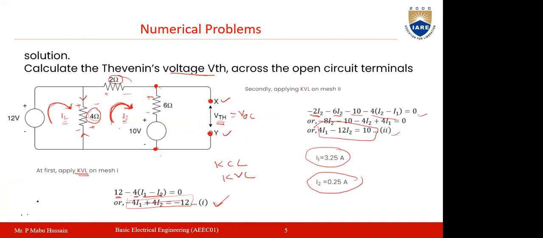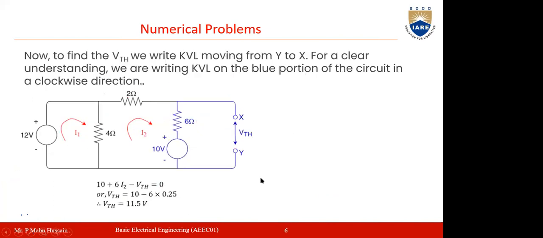If you observe the previous one, this loop current I2 is flowing from top to bottom, which is the anti-clockwise direction. So according to the direction of current through this, which is I2, this will become positive and this will become negative.